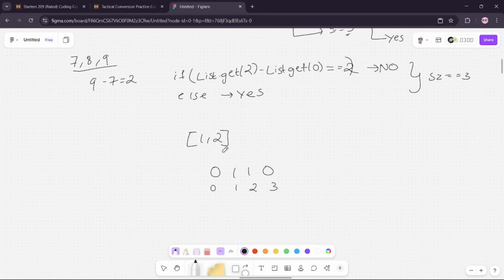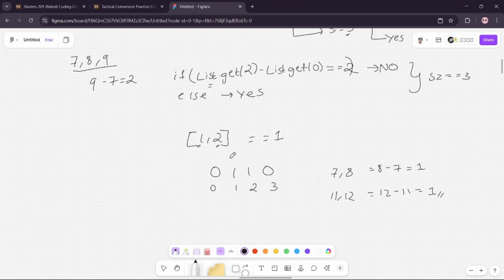And when the size is 2, can I say if the difference between both the indexes is exactly 1, that means they are adjacent to each other. Let's say the ones are present at index 7, comma 8. The difference between them is going to be 8 minus 7, which is 1. Let's say the indexes are 11, comma 12. The difference is going to be 1. That means they're adjacent to each other.